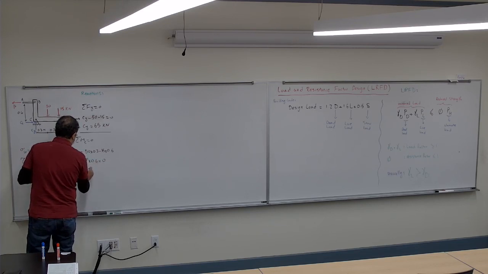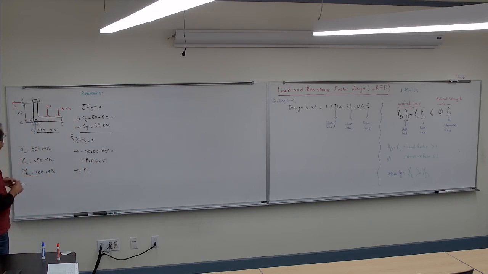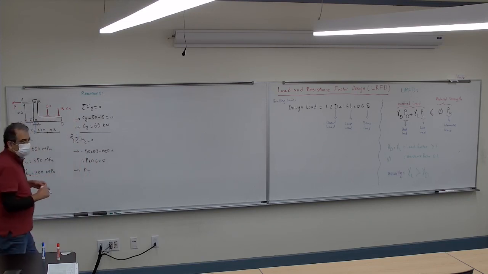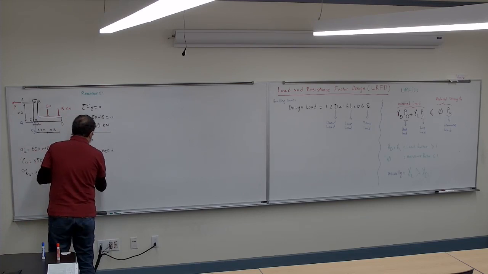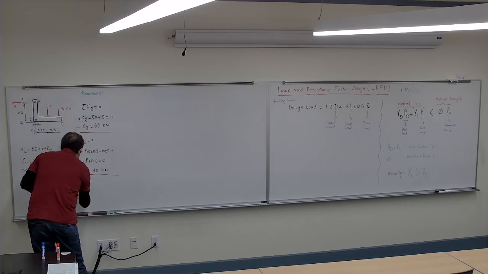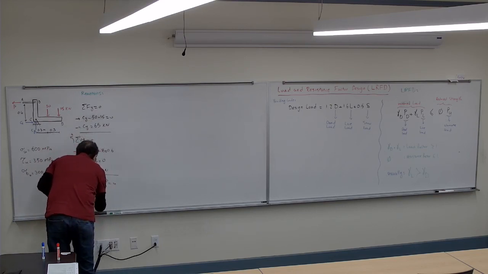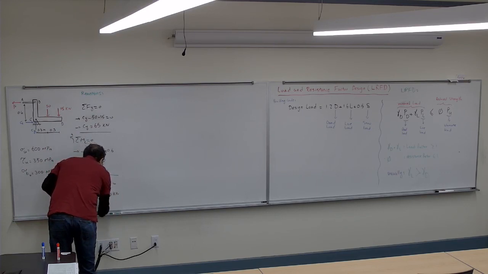Therefore, what's the P? 40 kilonewton. And then if I write the sigma of x is 0, it gives me Cx minus P is 0, so the Cx would be 40 kilonewton as well.